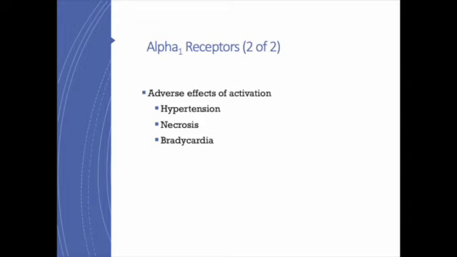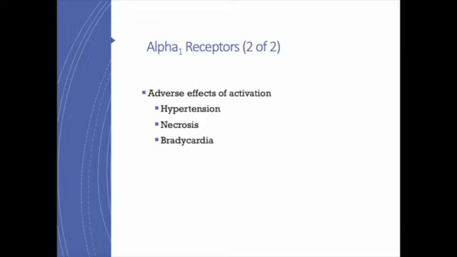The adverse effects of activating an alpha 1 receptor: because of the vasoconstriction, we can cause hypertension. It can also cause necrosis and bradycardia as well. In terms of hypertension, the alpha 1 agonist produces that because of the widespread vasoconstriction, and severe hypertension is most likely going to occur when you give a parenteral dose.